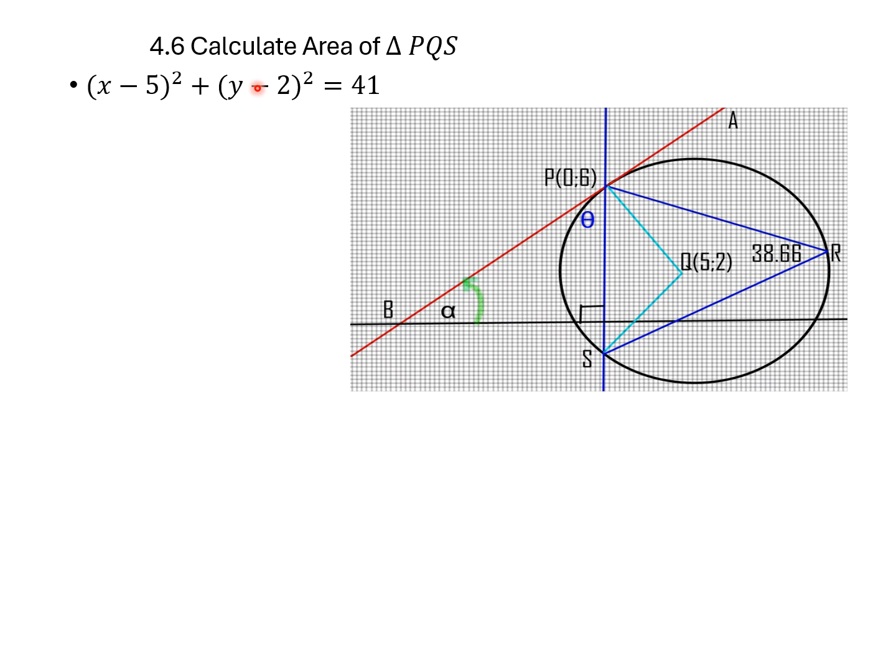From there, they want us to calculate the area of triangle PQS. PQS, the baby blue triangle. Sorry, my colors, I'll just call it baby blue. Others will say it's teal. So that triangle there, we know we have (x minus 5) squared plus (y minus 2) squared equals 41 for the whole circle.